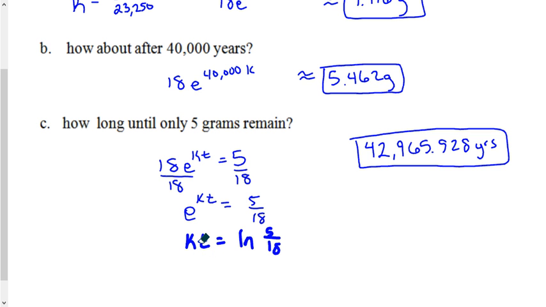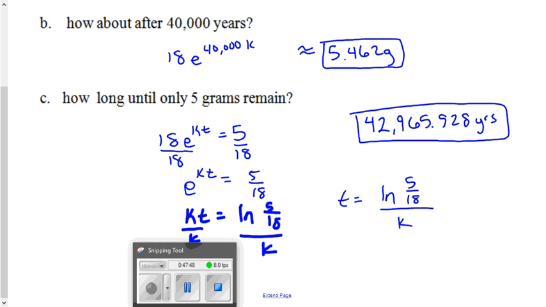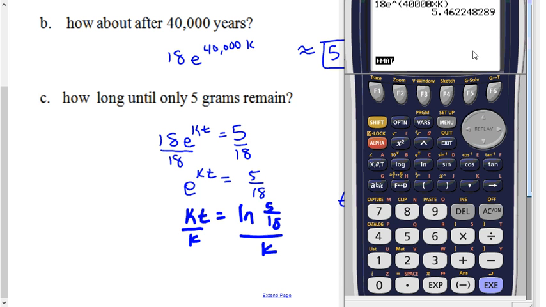And then we want to know how long, so we're solving for t, so I'll divide both sides by k. And you can see it comes out a little bit cleaner, a little bit quicker when you do this. I told you in the last one that there's some faster ways of doing it, and that's just using our variables and our notation. So I get t is equal to the natural log of 5/18 divided by k. And remember, k is that really big ugly number that we stored in our calculator.